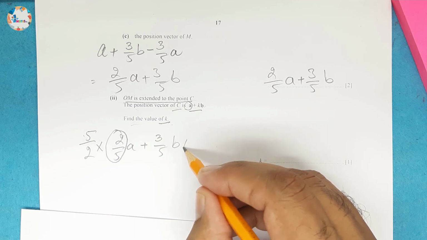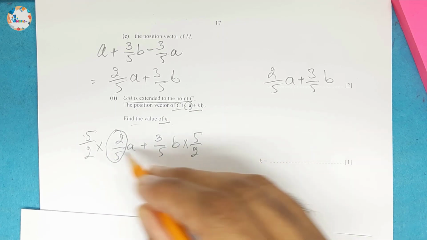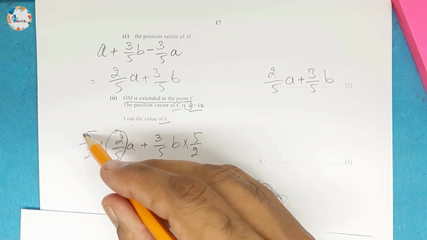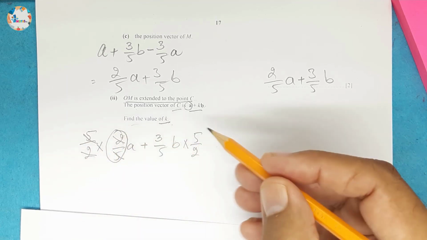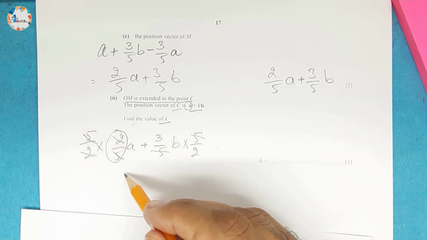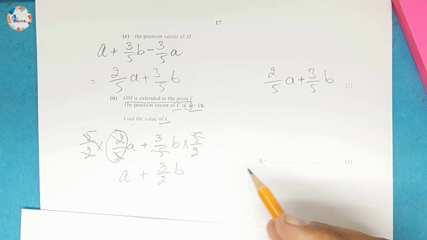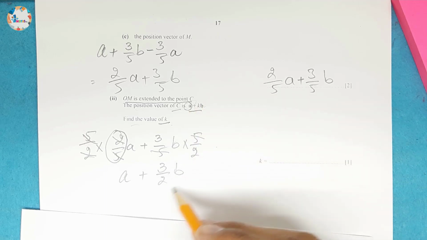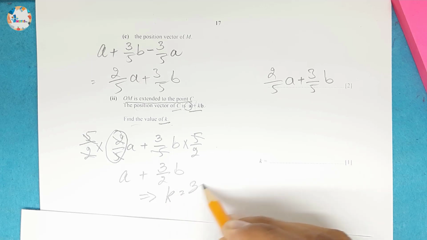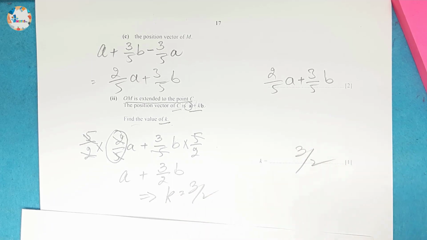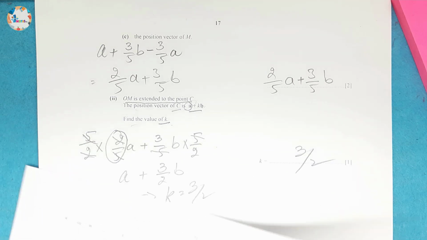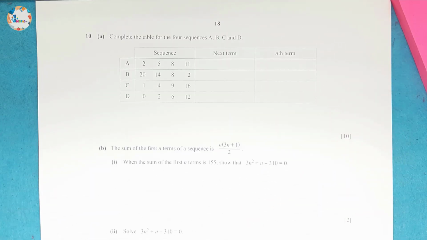So we have to multiply this also by 5 by 2 so that this will remain in balance. So this 5 will be cancelled with this, and we will get a plus 3 by 2 b. And if we compare this, this implies k is equal to 3 by 2. So our answer will be 3 by 2. Hopefully you understood this. Now question number 10, complete the table for 4 sequences A, B, C, D.